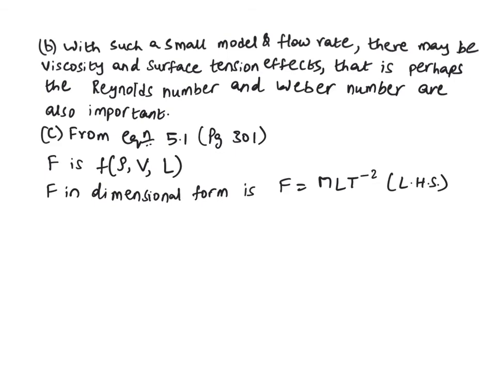The first variable is rho, which is density, equal to M L to the power minus 3.